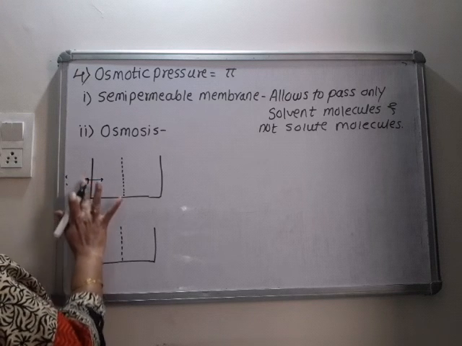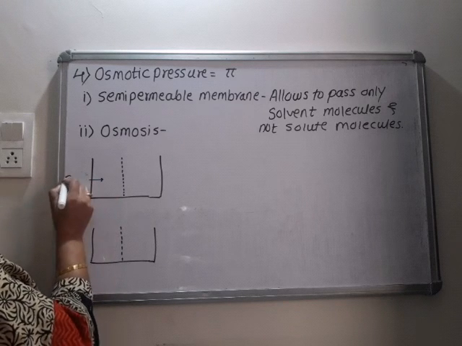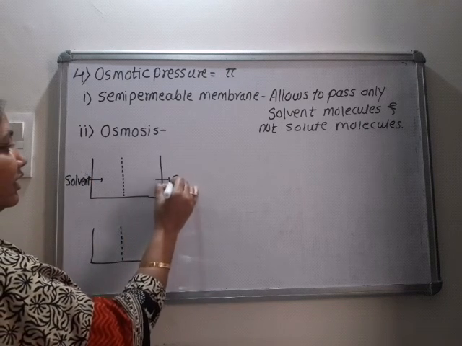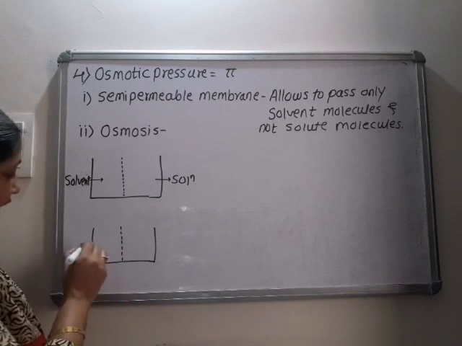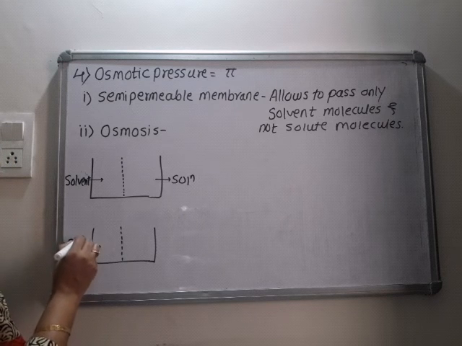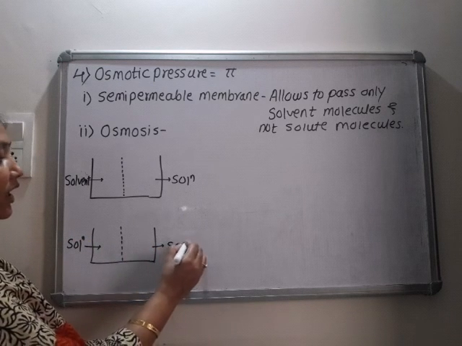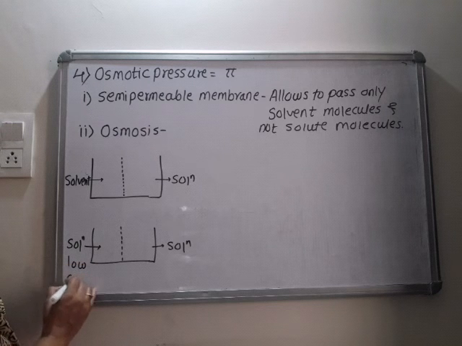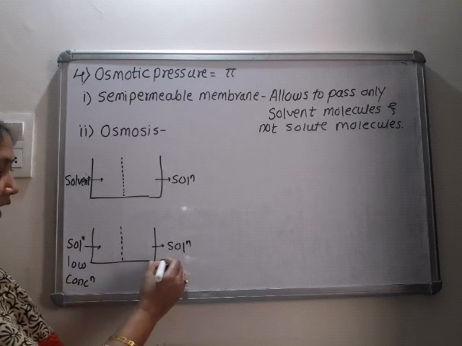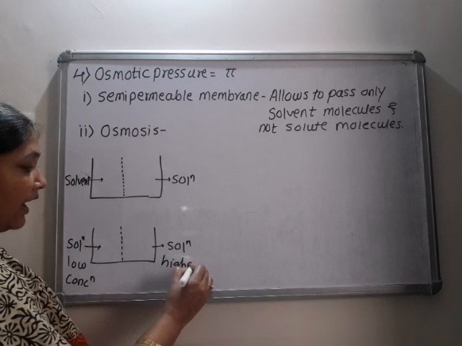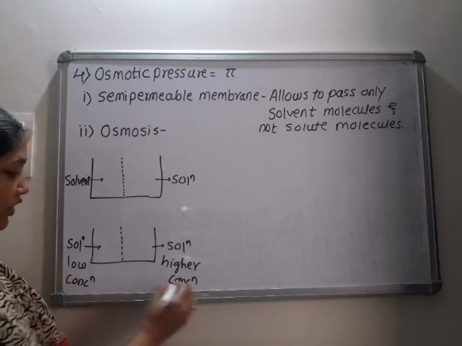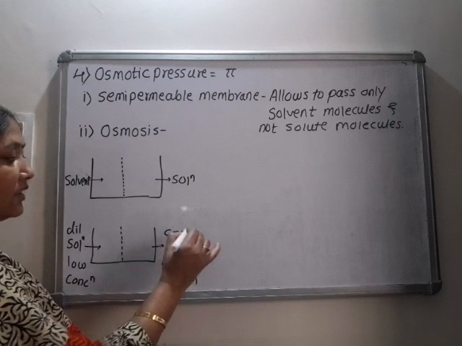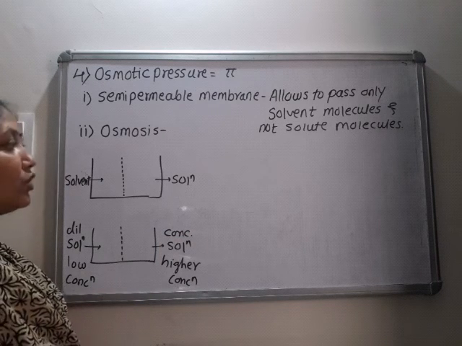And here we have taken solution. And here also solution. Then what is the difference between these two? This is at lower concentration and this is at higher concentration. Or we can say this is dilute solution and this is concentrated solution.